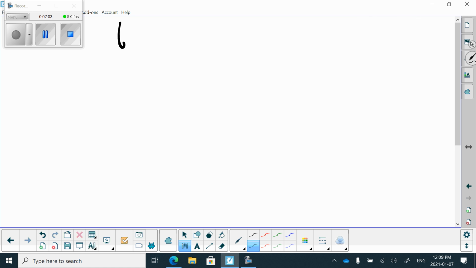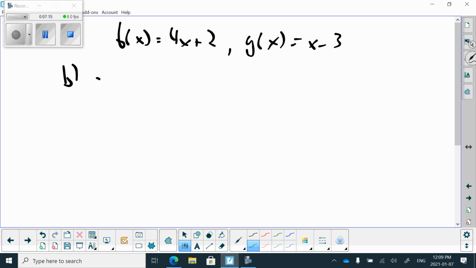So let's rewrite these again so they're handy. f of x is equal to 4x plus 2 and g of x is x minus 3. This time I want to do g of f of negative 7. So I guess we don't have a choice, so we're going to do a couple more of these. g of f of negative 7.